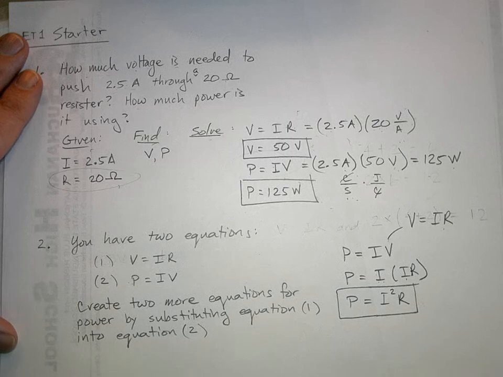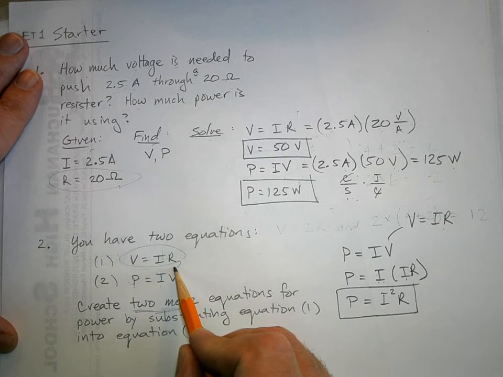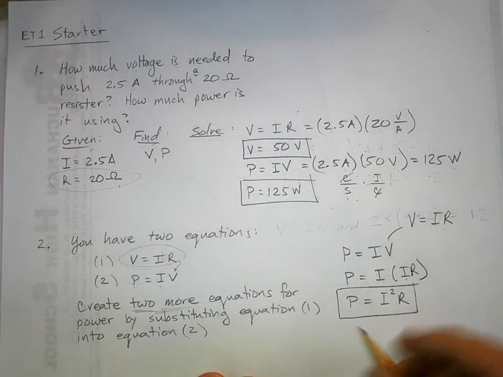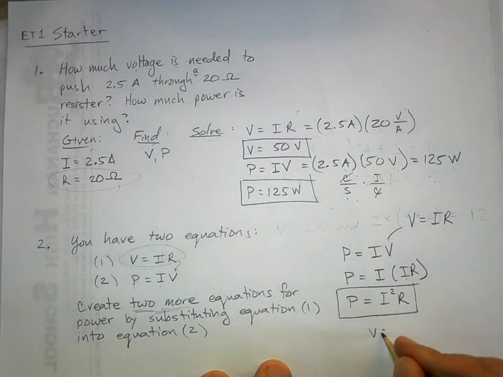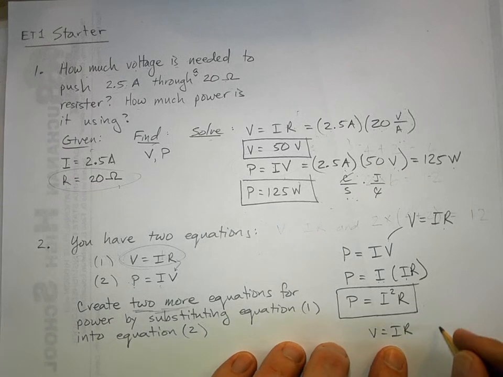Now the next equation, and it said to create two more equations. This is one. It takes a little bit more work to do. I've got power equals current times voltage. Now look what I did. Over here I substituted for voltage. But there's another variable. What if I substituted for current? Well, I just take my Ohm's law, V equals I times R, and I solve it for the current.